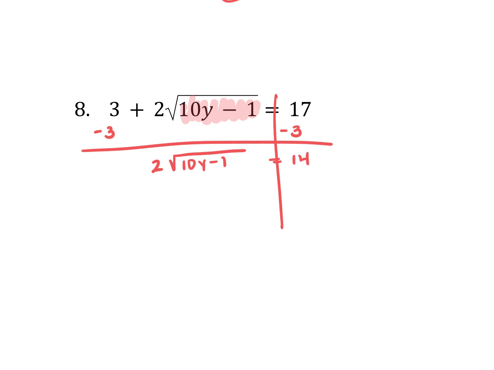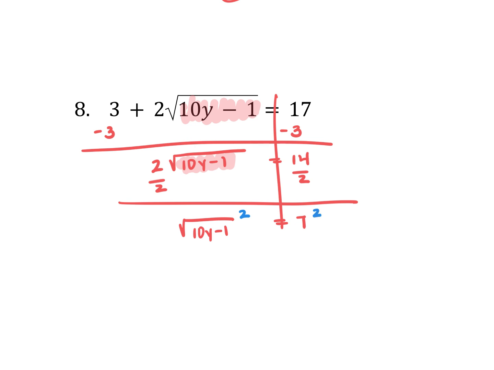I want only what's under my radical, so I've got to get rid of that 2 times. To get rid of multiply by 2, I'm going to divide by 2. So I have the square root of 10y minus 1 equals 7. I'm going to square both sides because that's the only thing I have left underneath my radical.